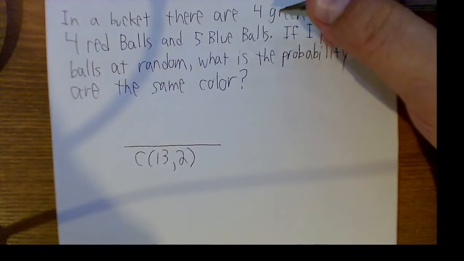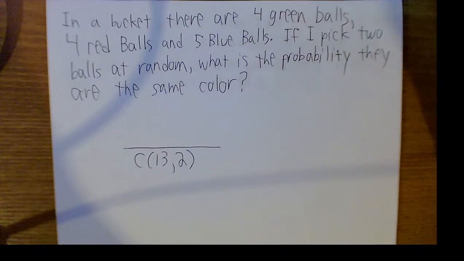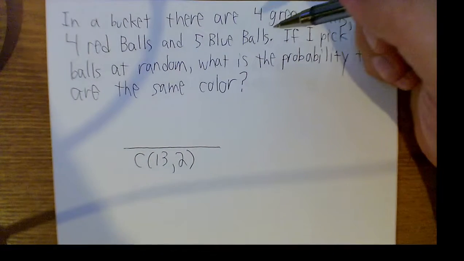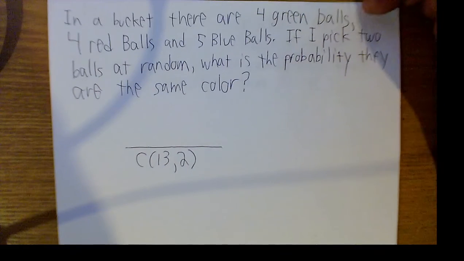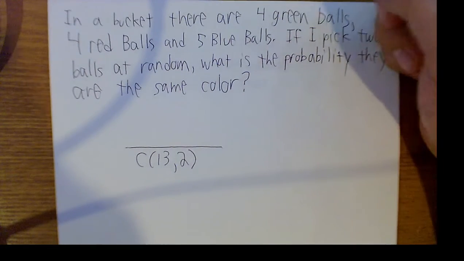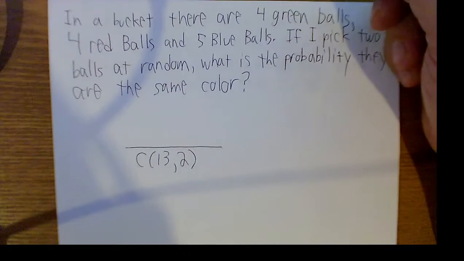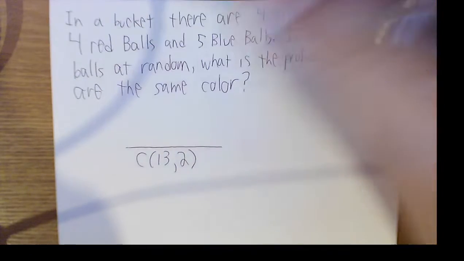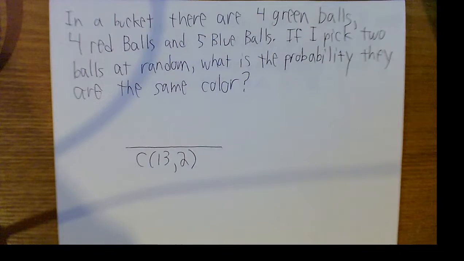But now there's a particular condition that we want to achieve, right? We want to have 2 balls of the same color. So now we can either have 2 green balls, we can have 2 red balls, or 2 blue balls out of the 5 that satisfy this condition, right?